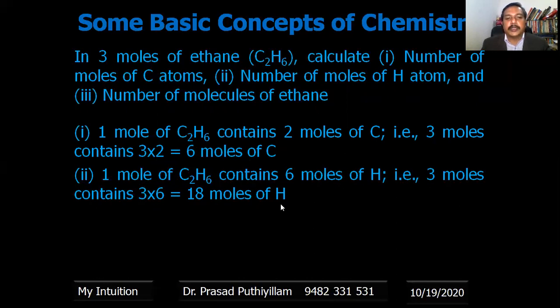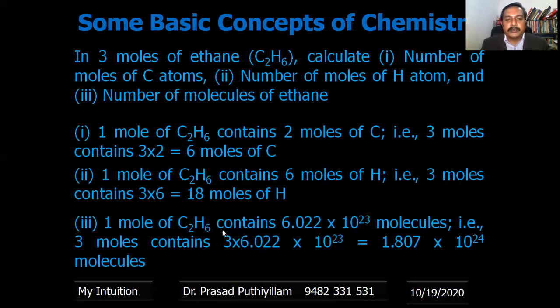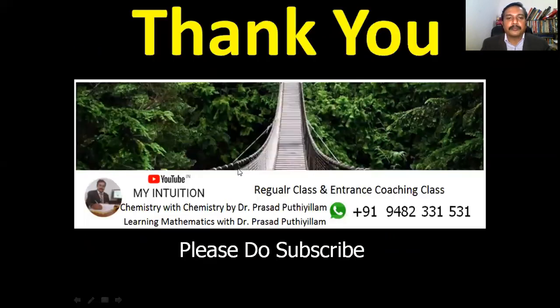Therefore, 3 moles contains 3 into 6, 18 moles of hydrogen. Number of molecules in terms of Avogadro number: 1 mole of C2H6 contains 6.022 into 10 to the power 23 molecules. That is the Avogadro number. Therefore, 3 moles contains 3 multiplied by the Avogadro number. It becomes 1.807 multiplied by 10 to the power 24 molecules.